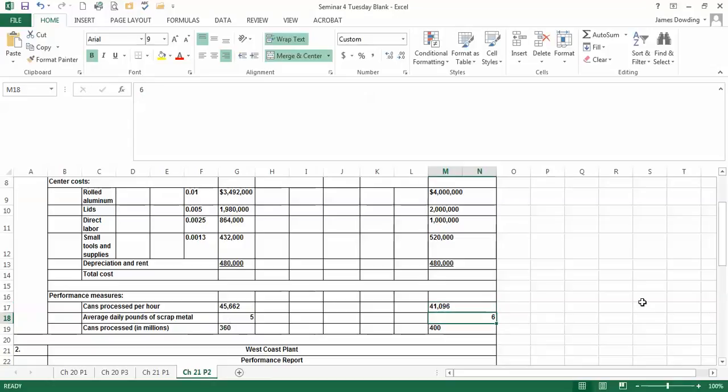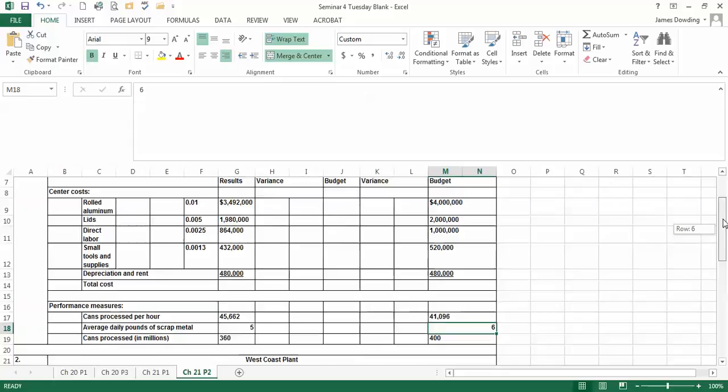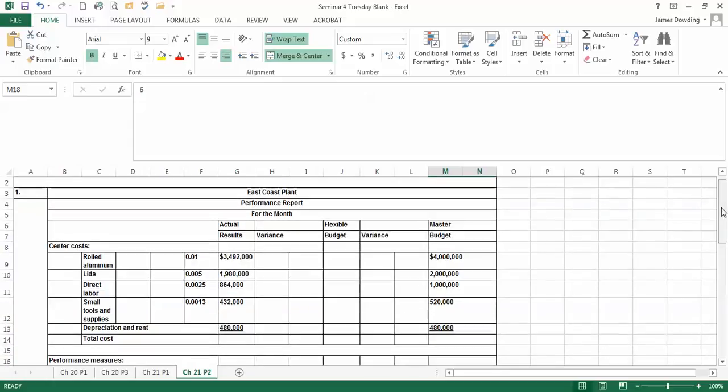Okay, so now what we need to do is calculate the flexible budget. To get the flexible budget, we have to take the actual number that we had of 360. The actual is what we had when we did our results. The flexible is what we should have had. So let's do our calculations using the power of Excel.